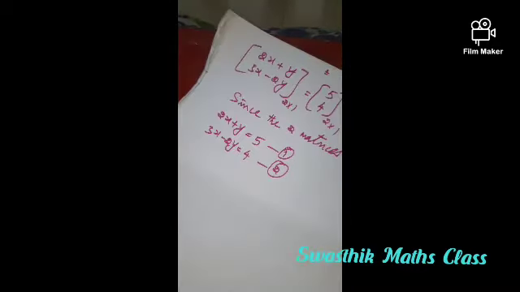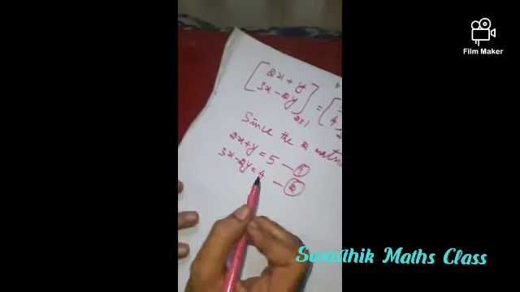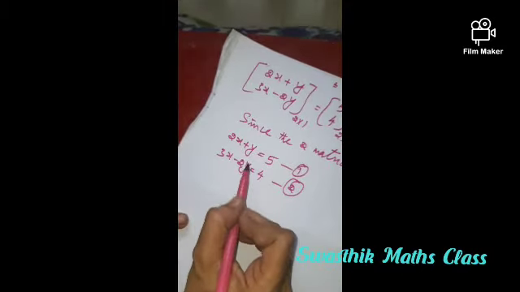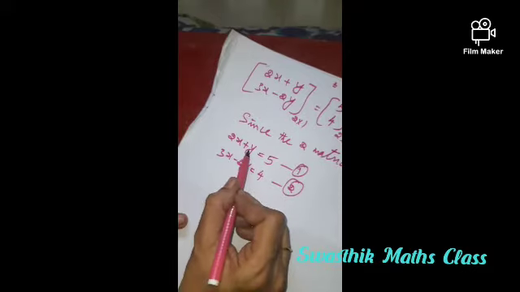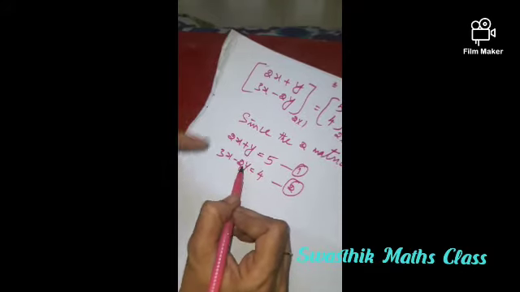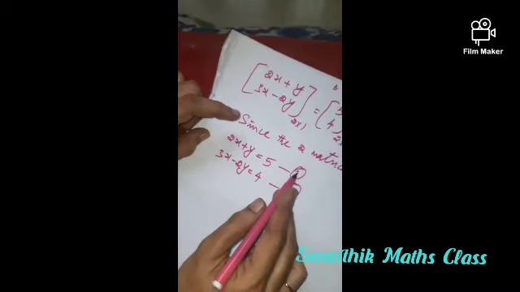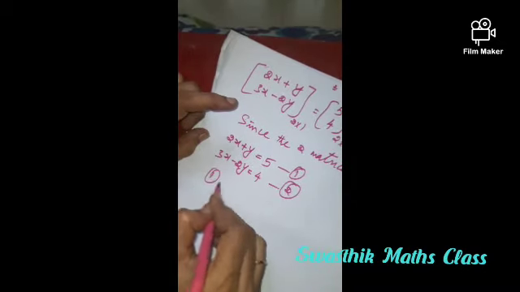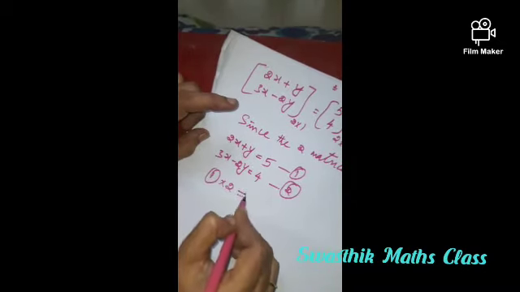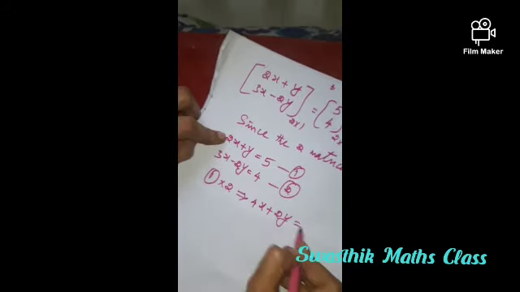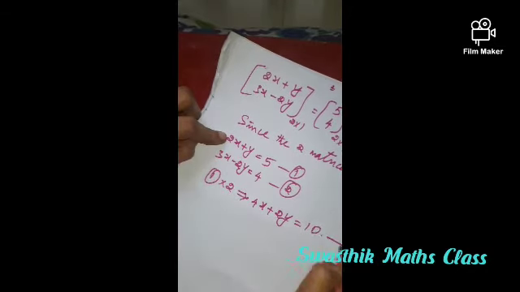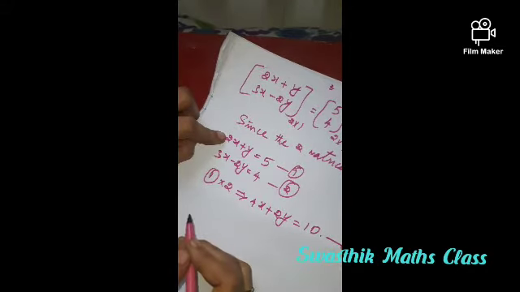To solve these two equations, we can eliminate one of the variables. Let us try to eliminate y first. For that, we multiply equation 1 by 2. So we get 4x plus 2y is equal to 10. This can be taken as our third equation.